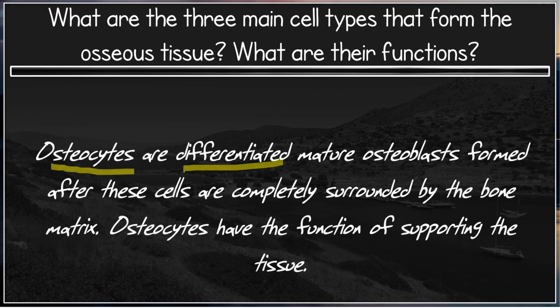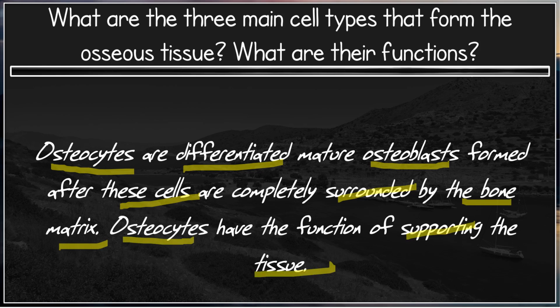Osteocytes are differentiated mature osteoblasts, formed after these cells are completely surrounded by the bone matrix. Osteocytes have the function of supporting the tissue.